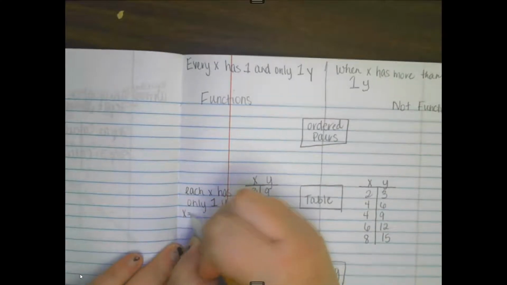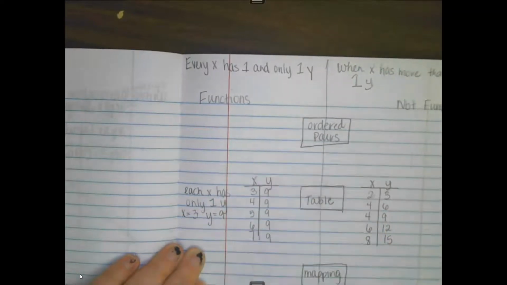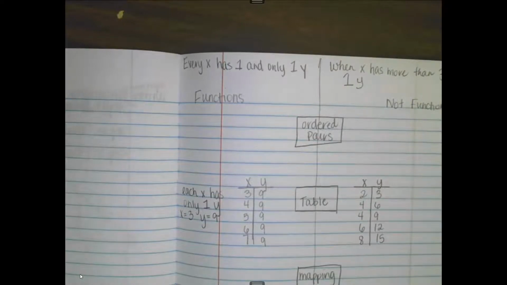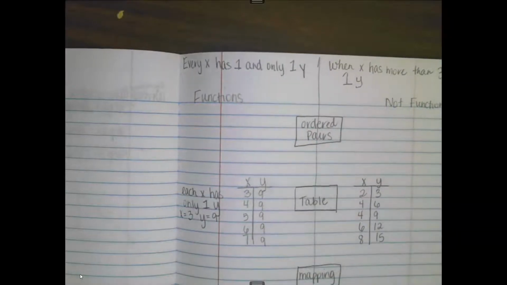x equals 3 and y equals 9. So when x equaled 3, y equaled 9. When x equals 3, it doesn't equal anything else but 9 for its y. Versus the other side, when x is 2, y is 3. But when x is 4, my y can either be a 6 or a 9. Do you hear how that x of 4 has two possible y values?